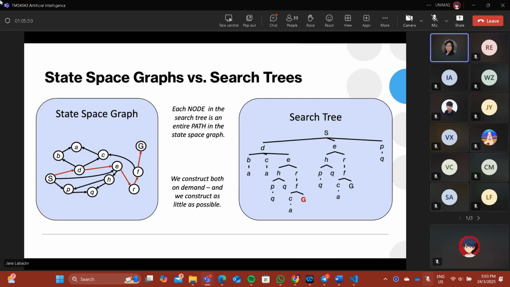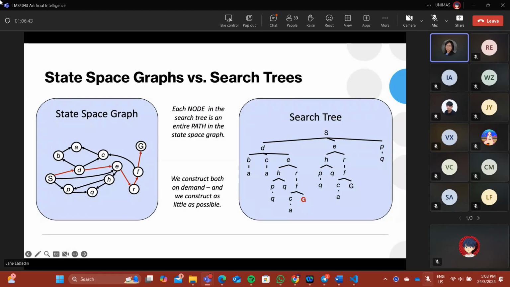Each node in the search tree is an entire path in the state graph, so you can actually have both. You have a state space graph, starting from S. From S, if you execute your successor function, your path can go to D, E or P. Hence, in your search tree, the branch goes to three branches: D, E, P from the left.